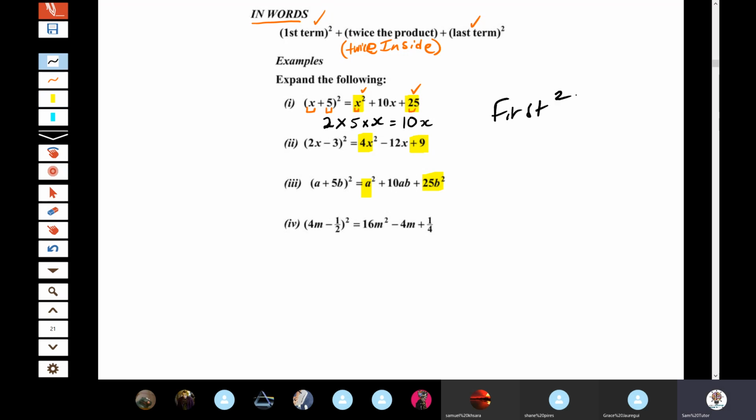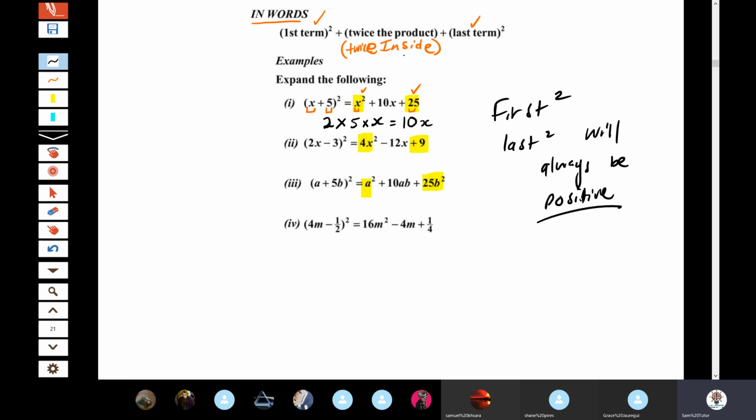First squared and last squared will always be positive. And then the trick is, if this is a negative, the middle one's a negative. If this is a positive, the middle one's positive. So it always follows the middle one. The middle one follows the sign that you were given.